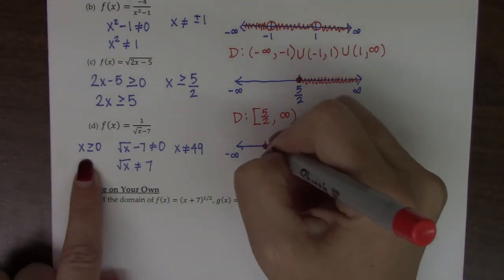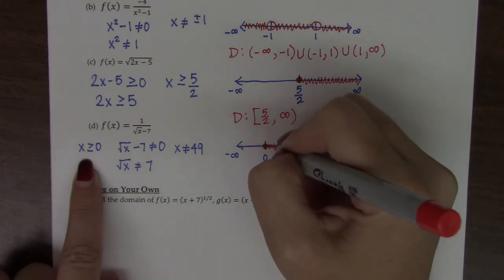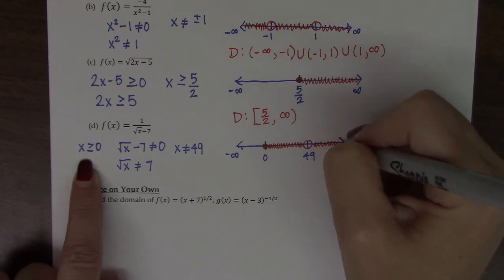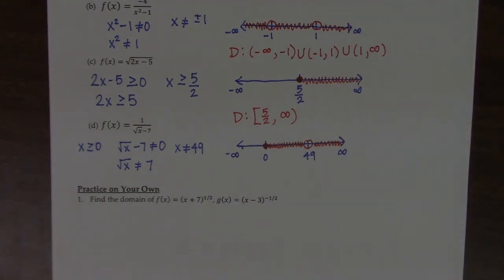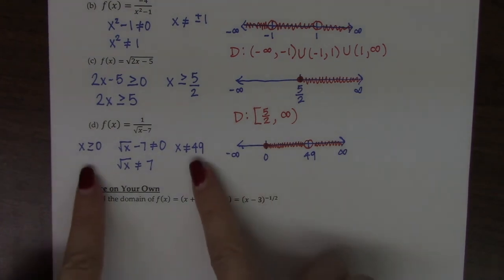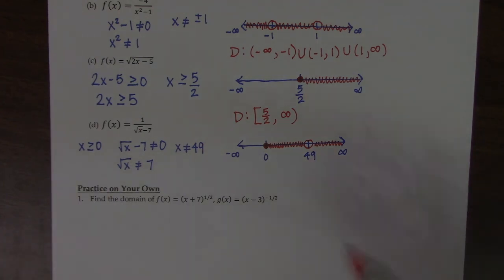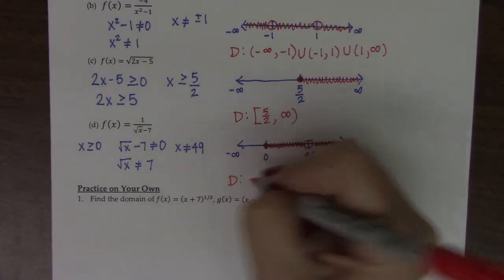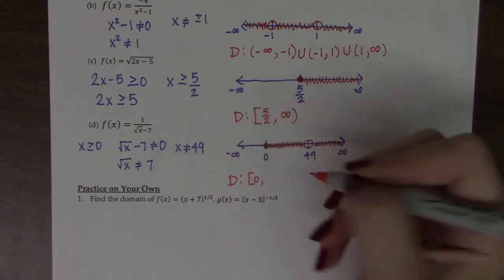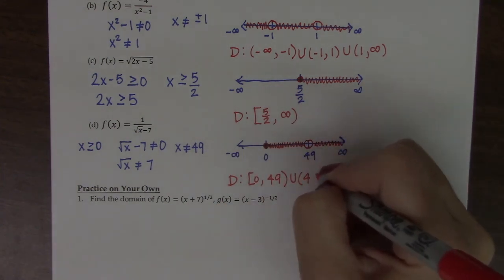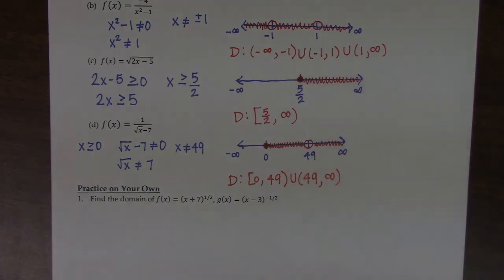So we're allowed to keep 0, so I shade in all the values to the right except for 49. So what we're saying here is if any piece of the function kicks a value out, it's out for the entire function. So now I've sort of reconciled these two ideas right here. And so if I write out my domain, it's 0 included to 49, 49 to positive infinity.